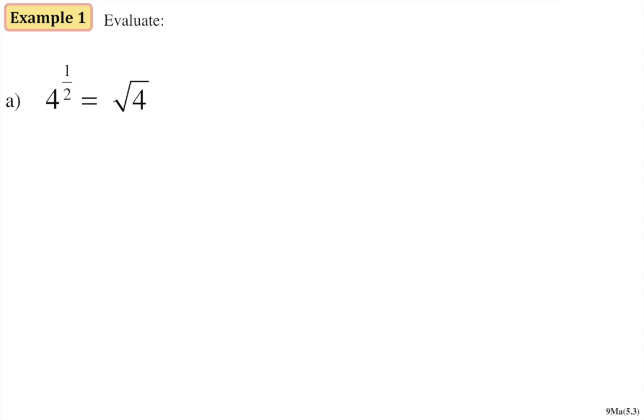Well, the answer is square root 4, but how did I get that? Remember, 4 to the power of a half. As soon as you see there's a fractional power, you know it's a surd. The base is 4. What's on the bottom of the fraction? A 2. What's on the top of the fraction? A 1.